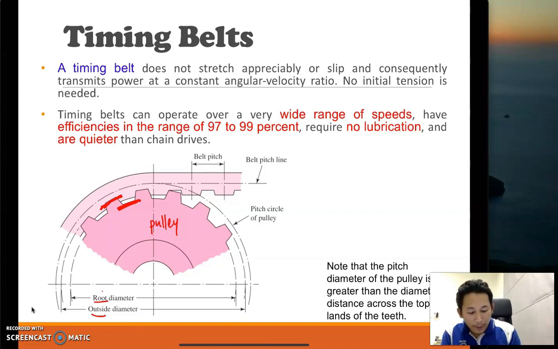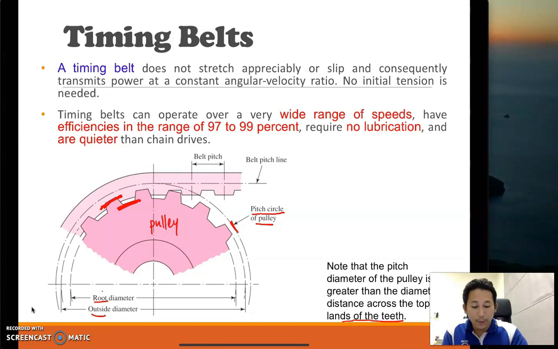Okay, the pitch diameter is the circle. The pitch diameter is greater than the outside diameter, the distance across the top lands of the teeth. So the pitch diameter is larger than our outside diameter.